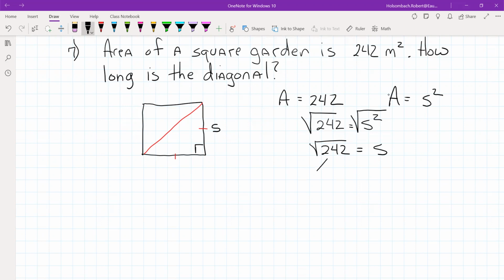So this radical 242 equals square root of 121 times square root of 2. Square root of 121 is 11. So this side length equals 11 radical 2.